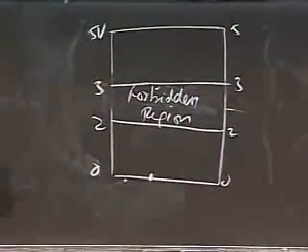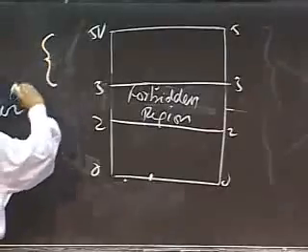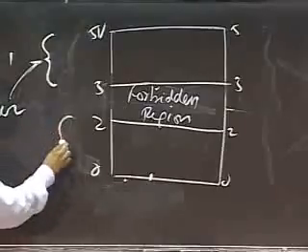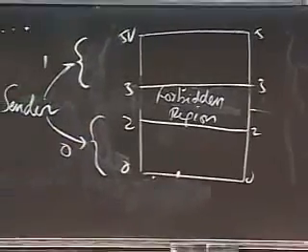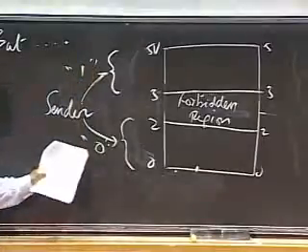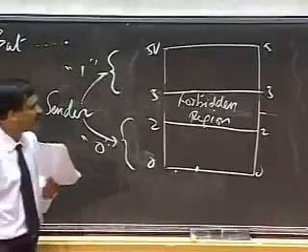With my forbidden region, if I have a sender, then I tell the sender you can send any value between 3 and 5 for a 1, and you can send any value between 2 and 0 for a 0. To send the symbol 0, I can send any voltage between 0 and 2, and similarly for 1.